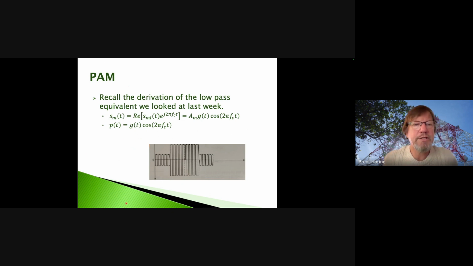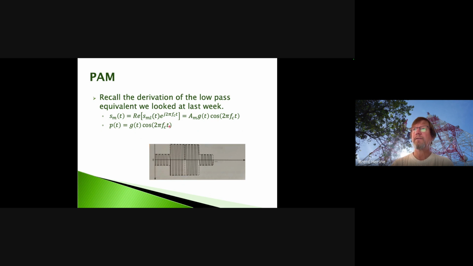And so now we did that low pass equivalent representation of our RF signal. So let's dig that out again. Here we remember we had that analytical signal, this low pass equivalent of the symbol.